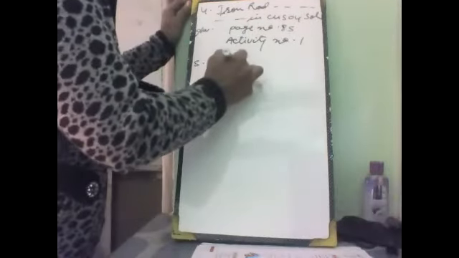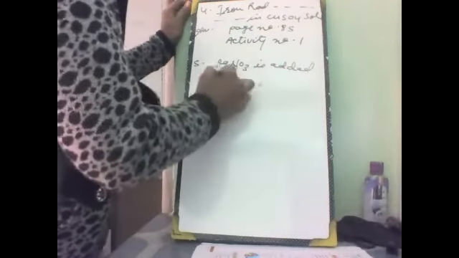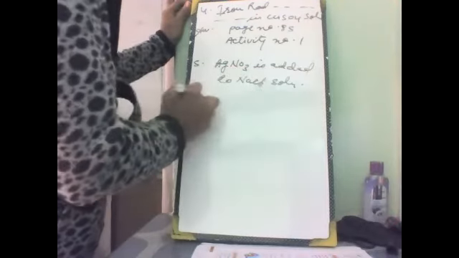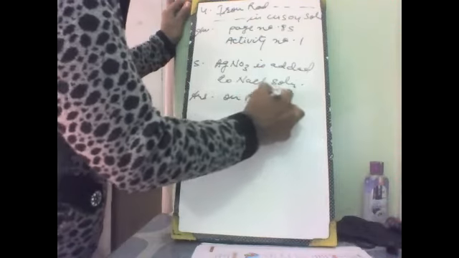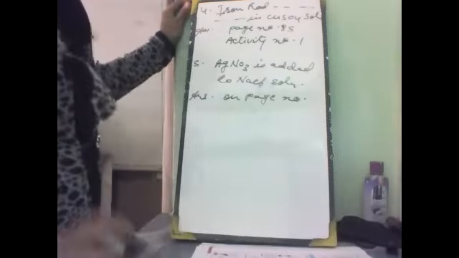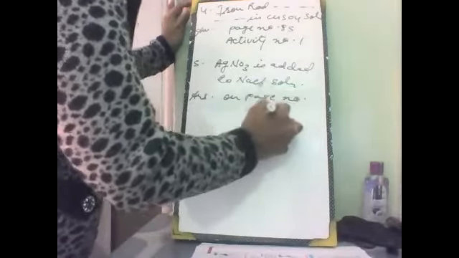Silver nitrate, AgNO3, is added to NaCl solution. You can see the answer on page number 85, activity 1.